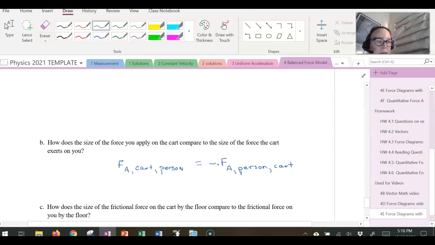That's why I put this negative sign there, because the negative sign indicates it's going in the opposite direction. So these two forces are Newton's third law pairs.